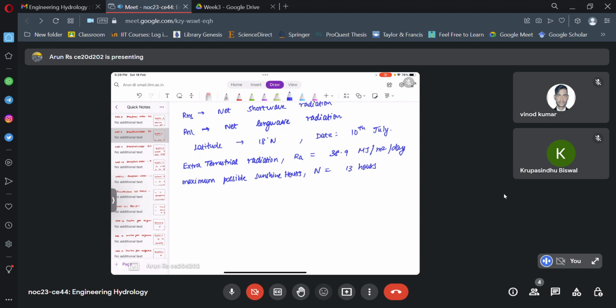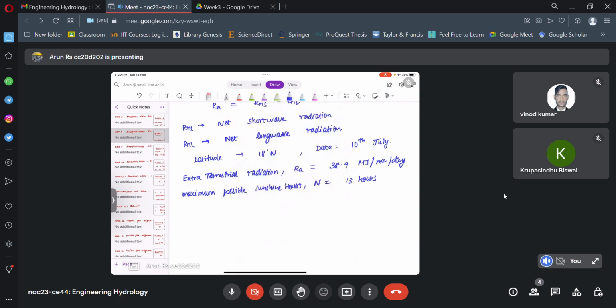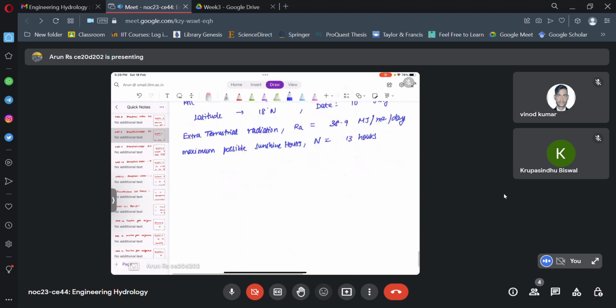So these two pieces of information we got. First we will see how to compute the net shortwave radiation, which is our first parameter.